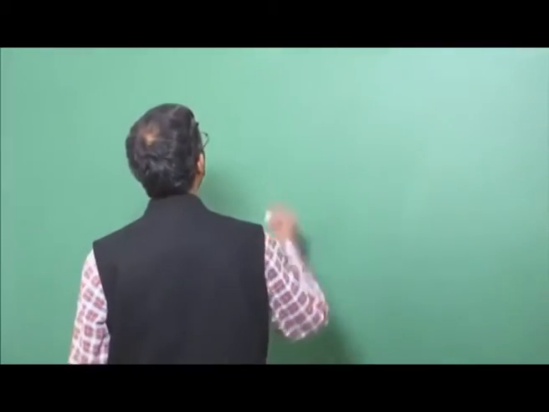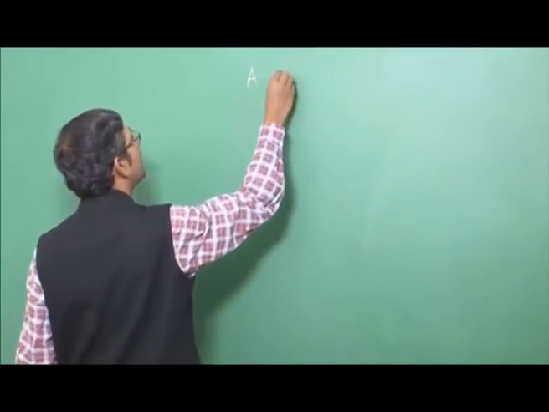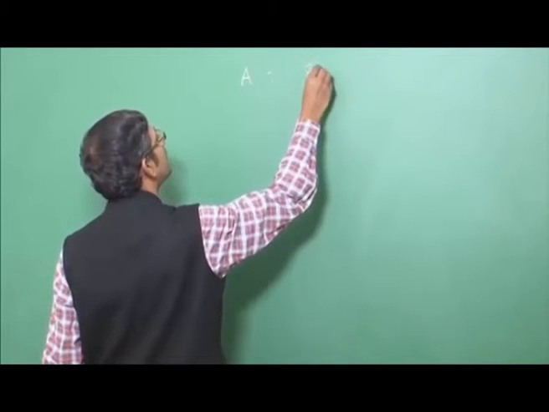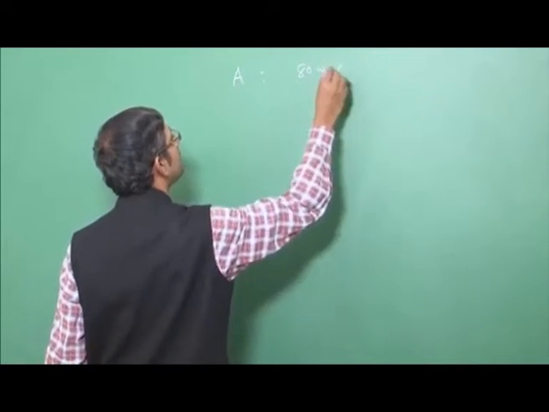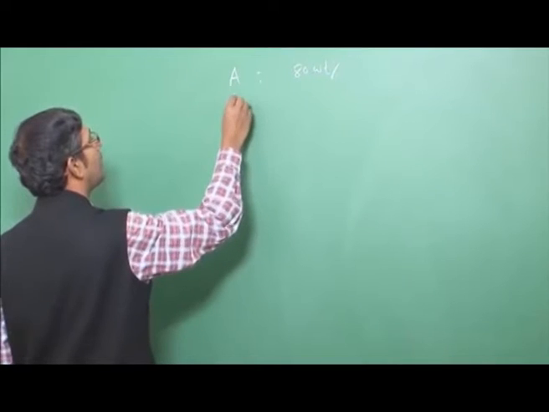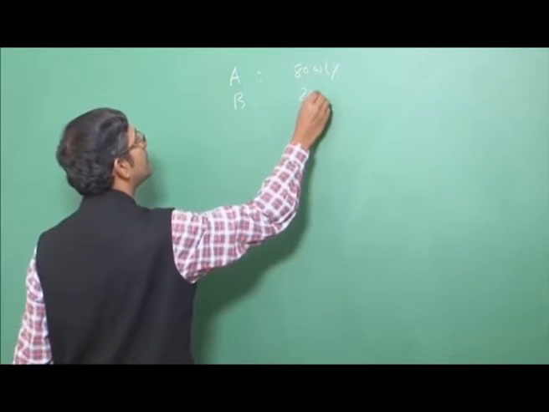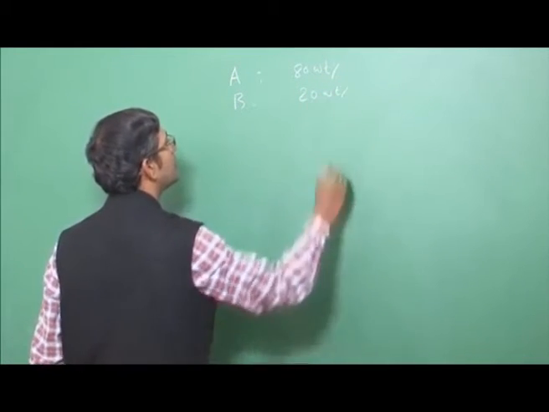Suppose I have component A with 80 weight percent in the alloy and component B with 20 weight percent in the alloy.